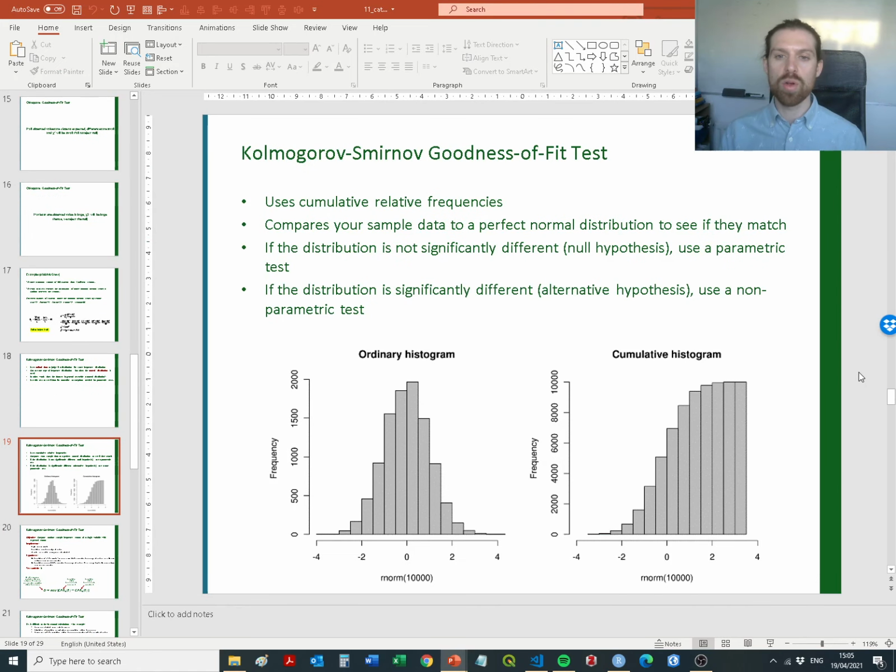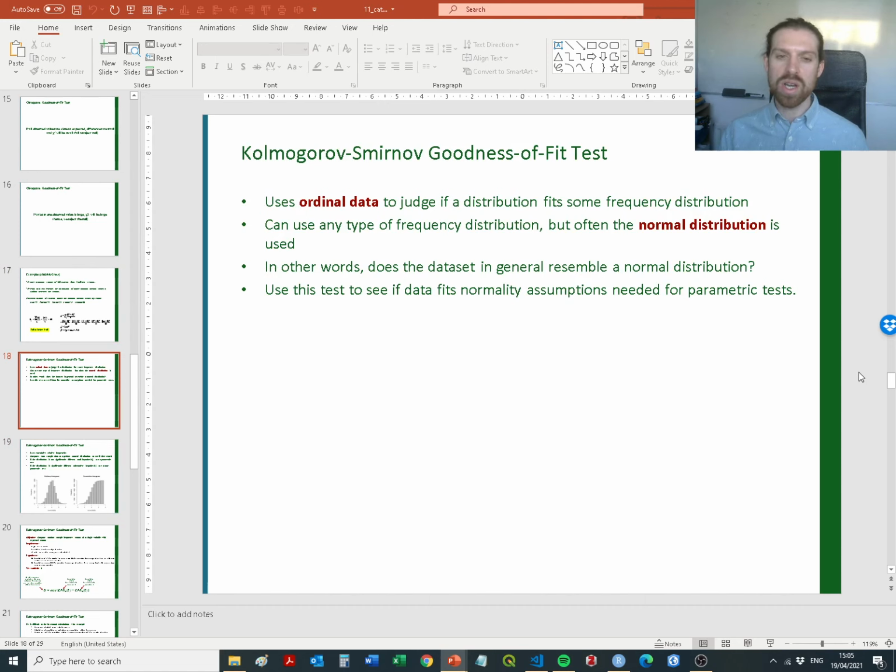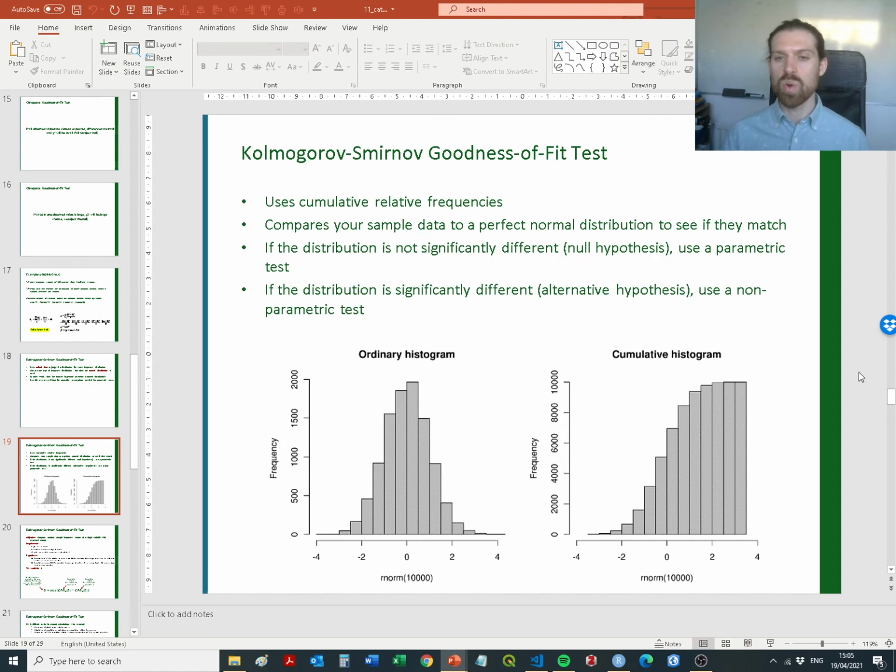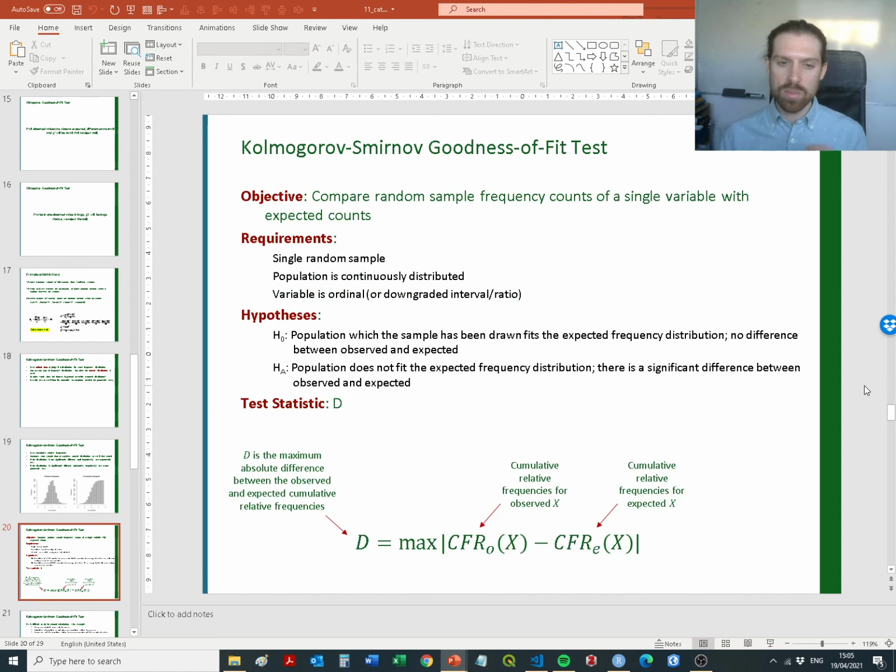And one of those important ones was being able to test data to see whether it's normally distributed or not. So we used the Kolmogorov-Smirnov goodness of fit test, and essentially that's telling us whether we think the data that we've got meets that assumption of normality, which is so fundamental to all of those parametric tests that we've covered this term.